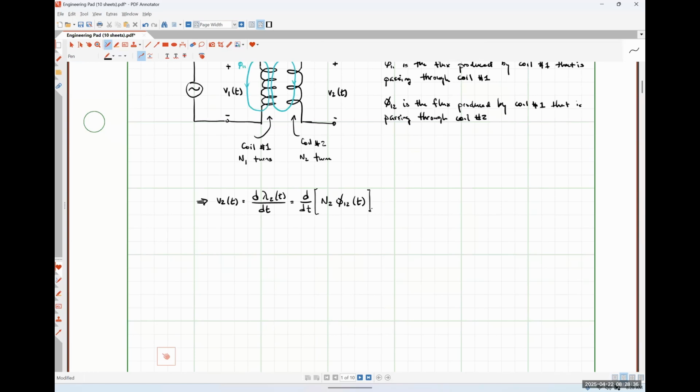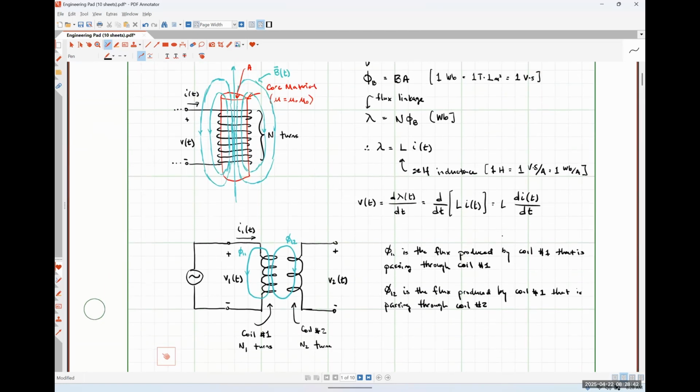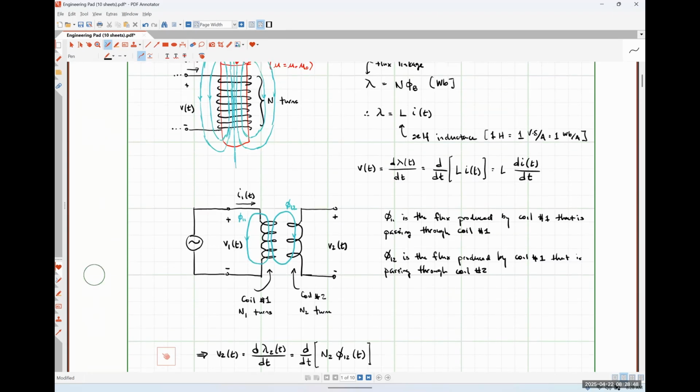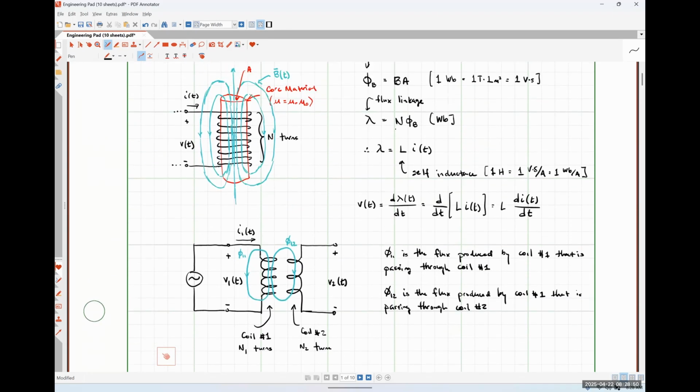And we know that, let me scroll up here just a smidge, right? I've got N2 times phi 12. So I'm using this relationship right here, and I need to figure out essentially how to put this in terms of our current I1, right?